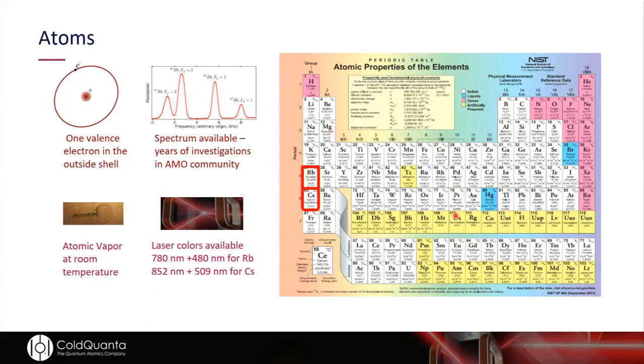The atomic spectrum is available because the spectrum of rubidium or cesium has been investigated for tens of years in the AMO community. The atoms are a stable atomic gas at room temperature, which is convenient for many applications. And the colors of lasers are also available.